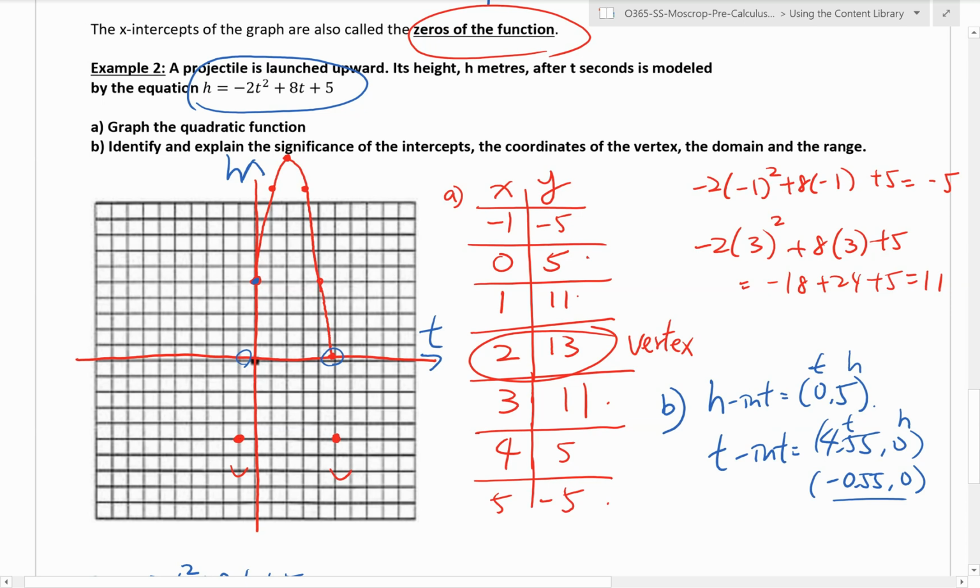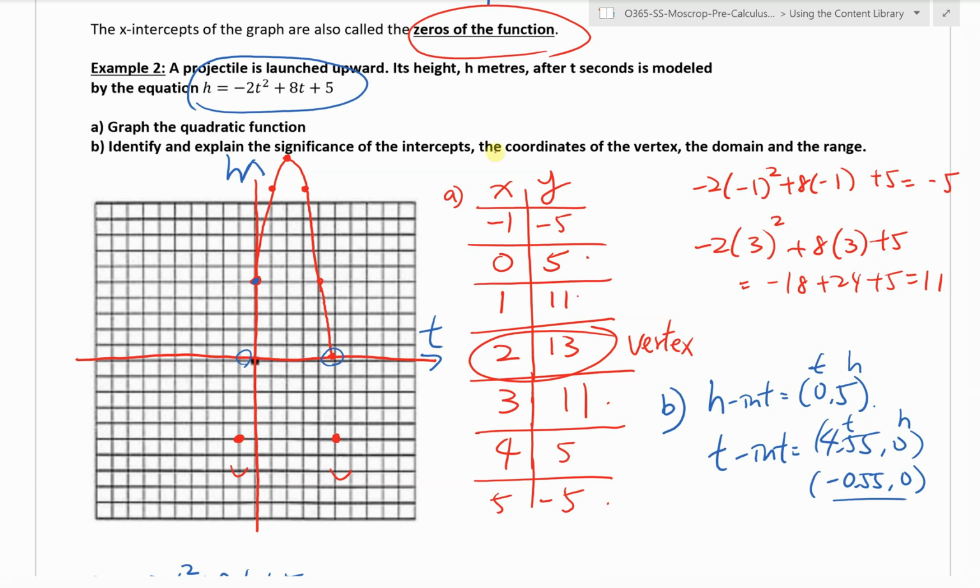That is basically the path of this projectile. Okay? So the negative time makes no sense in reality, and the negative height again makes no sense in reality. So really, that's the only part of the graph that we're interested in. Okay, so that's the significance of the intercepts.